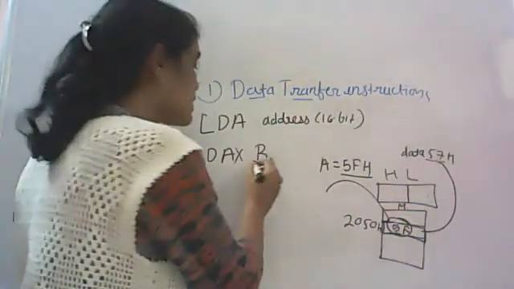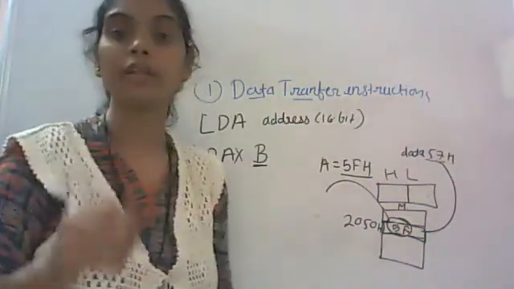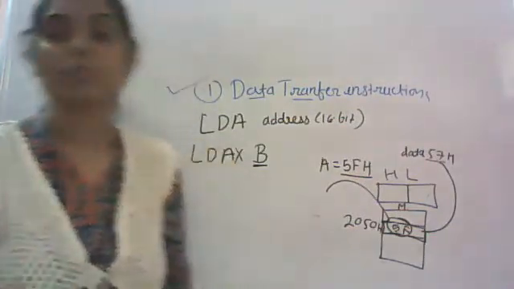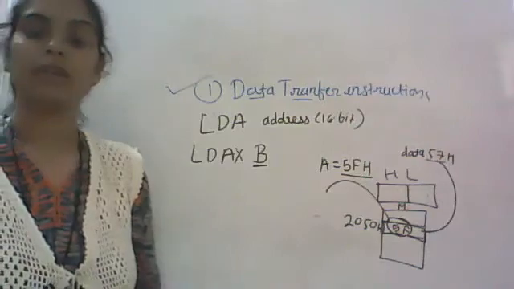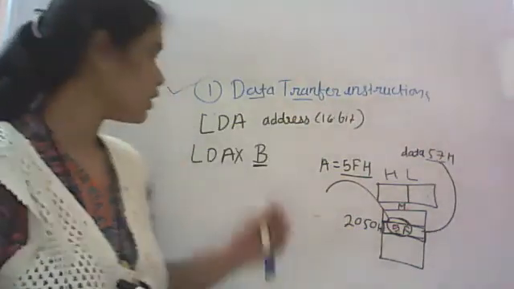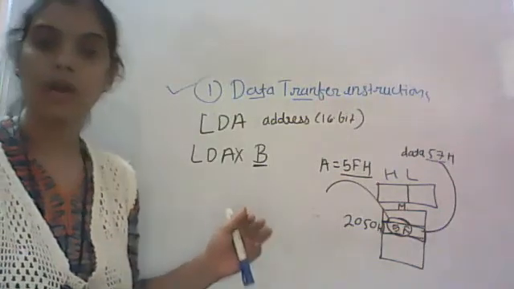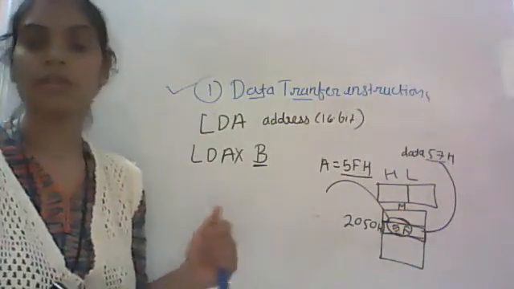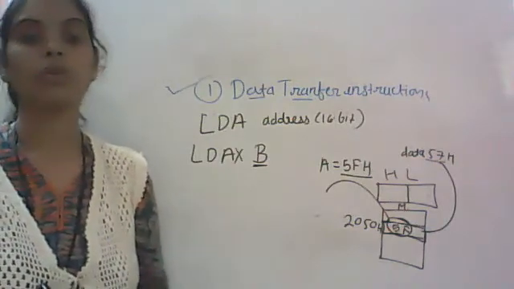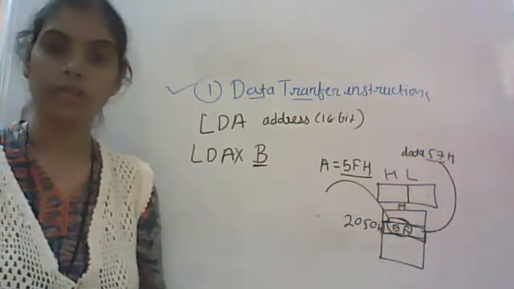Here use the register pair. The content of register pair pointed to a memory location. This instruction copy the content of memory location into accumulator. The content of either the register pair or the memory location are not altered.